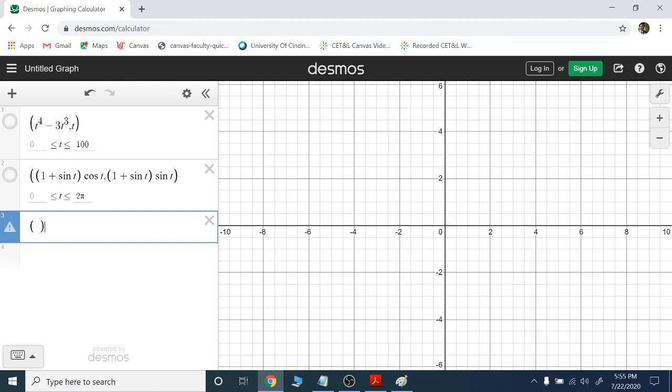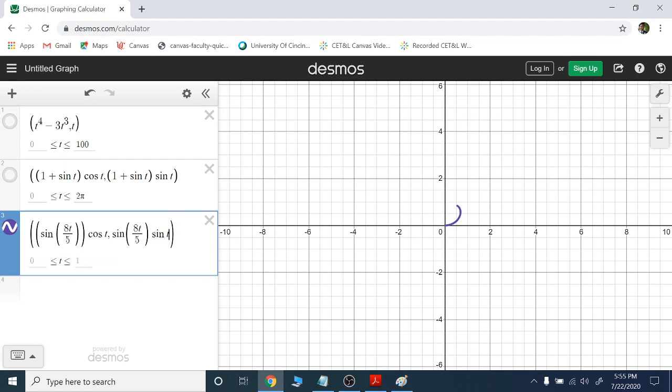Then open a bracket, you have sine 8t divided by 5, and cos t, comma, sine 8t divided by 5 times sine t, right?